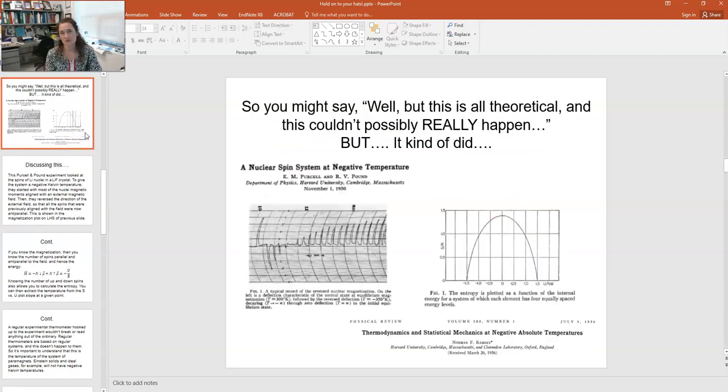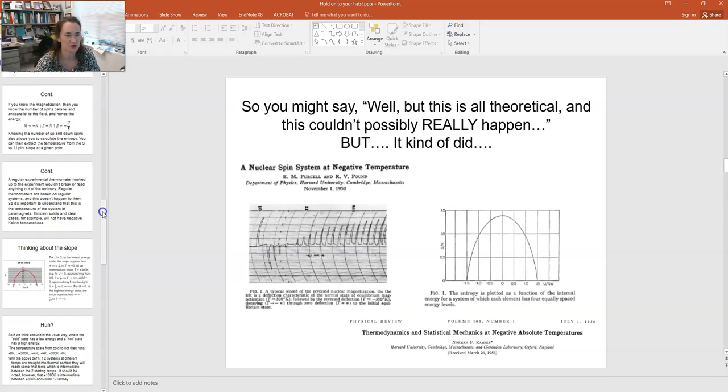So, in terms of your everyday experience, what happens at a negative Kelvin temperature? This is the temperature of the nuclear spin system, which is not the same as the temperature of the crystal. That's a different question. So for one thing, I want to reassure you about that.